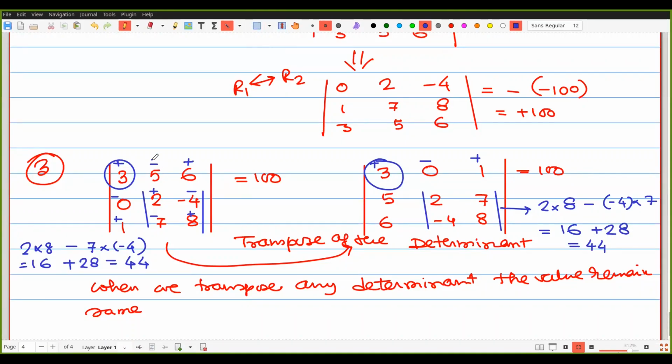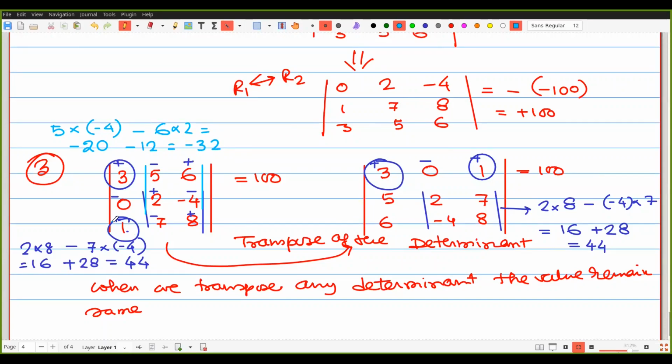Check with the element 1, suppose that element. Its minor was 5, 6, 2, minus 4. So 5 into minus 4 minus 6 into 2, that means minus 20, minus 12, minus 32.